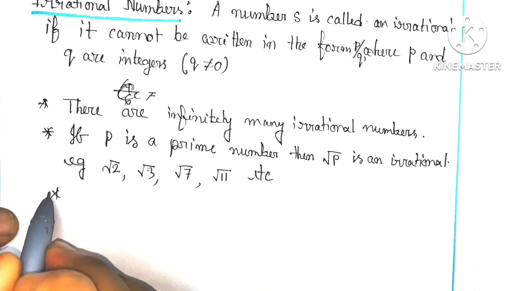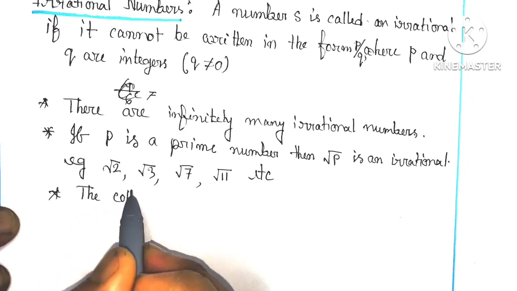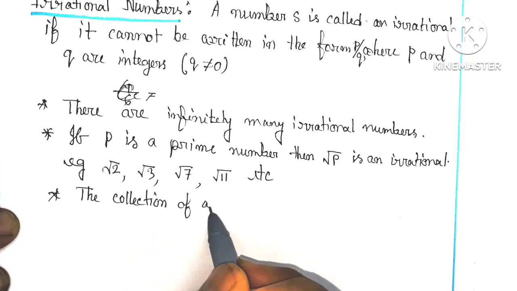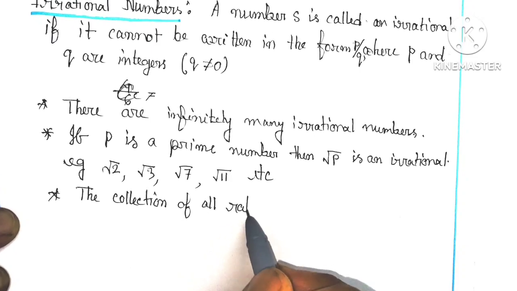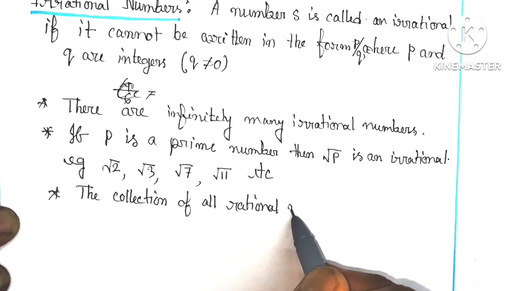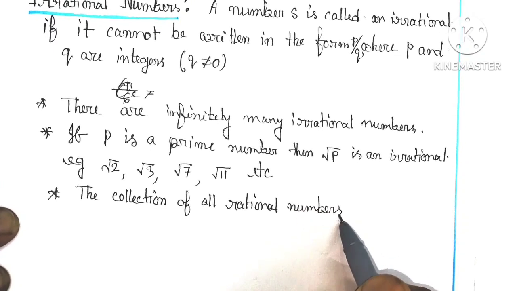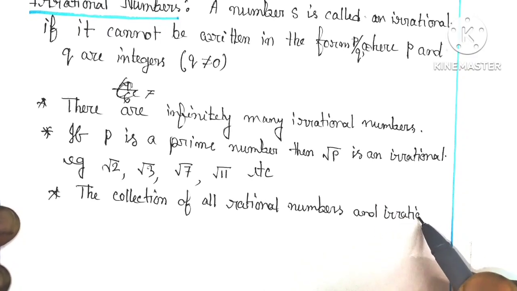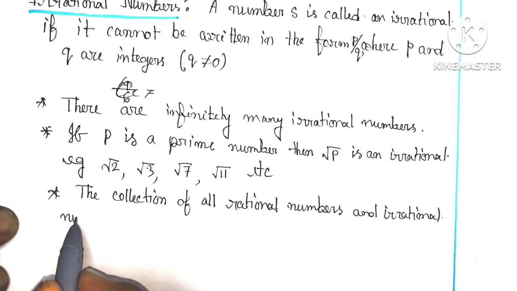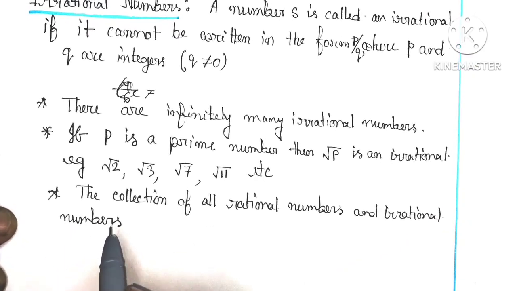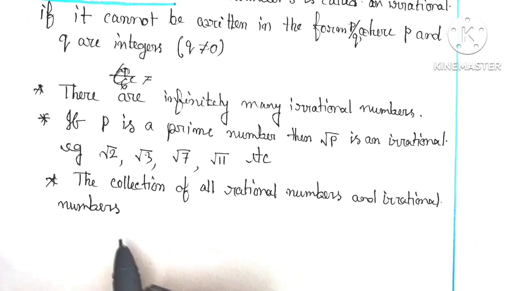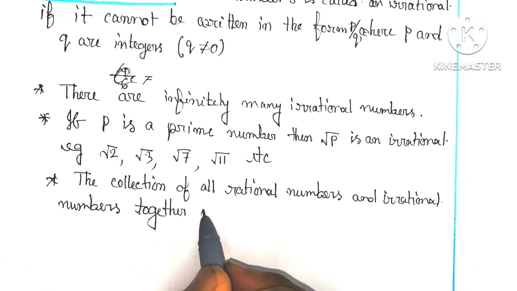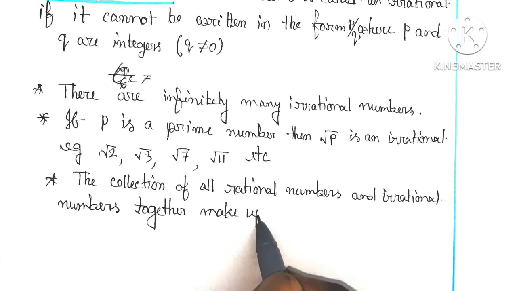The collection of all rational numbers and irrational numbers together make up real numbers.